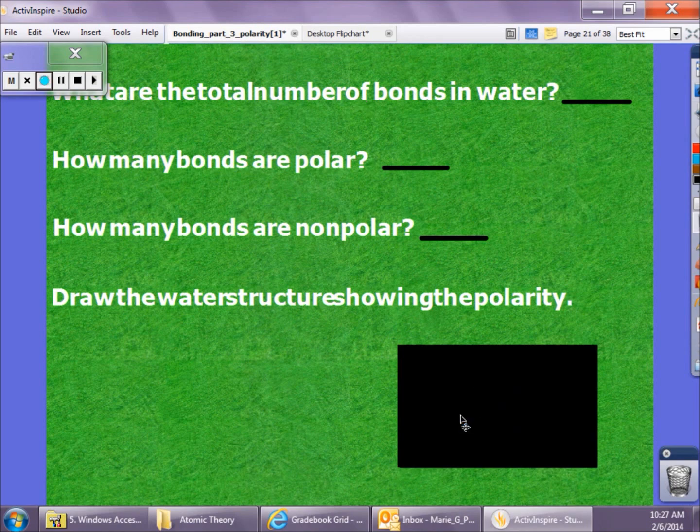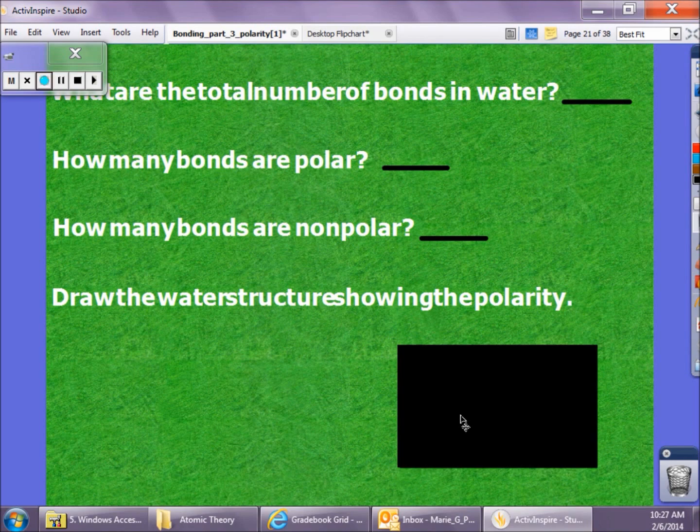Next question. How many bonds are polar? How would you know if the bonds are polar? You check the difference in electronegativity between the hydrogen and oxygen. Quickly tell me what is the difference. 1.4. So how many bonds from the water are polar?